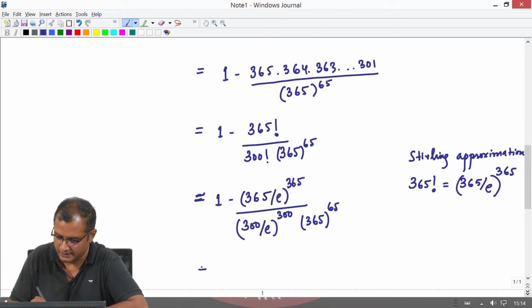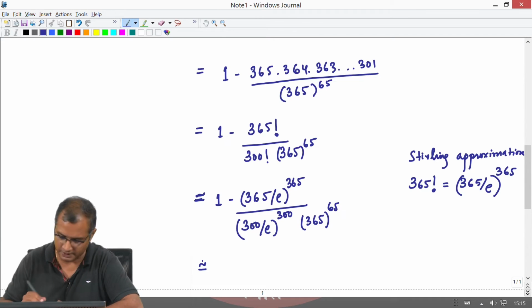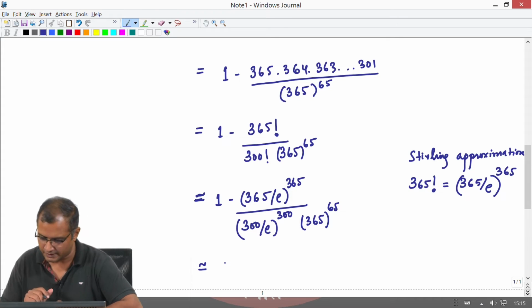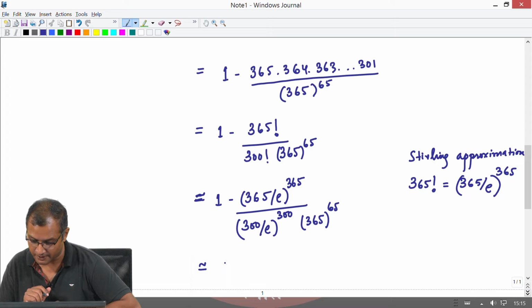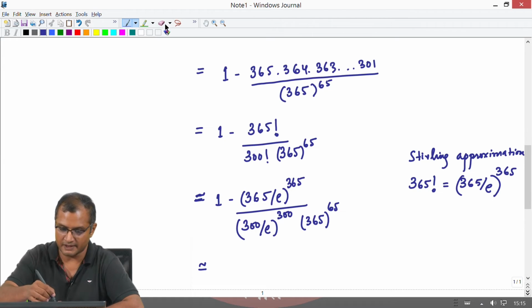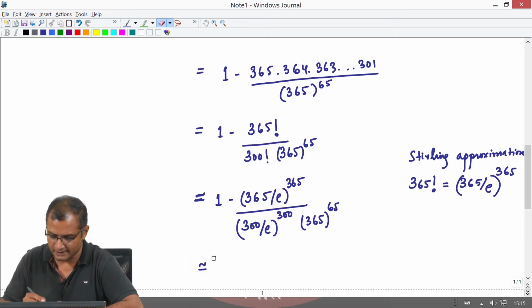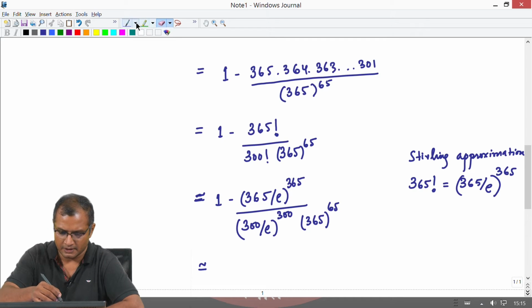Now, if you solve this, I have not calculated this, but you can use a calculator to proceed from here. Okay. So, I leave that as an exercise. This answer should be greater than 70%. Okay.